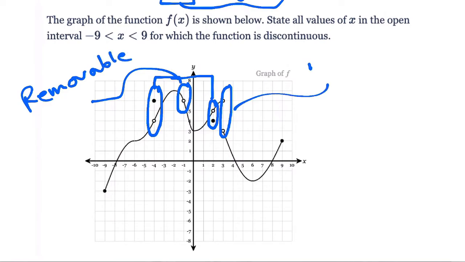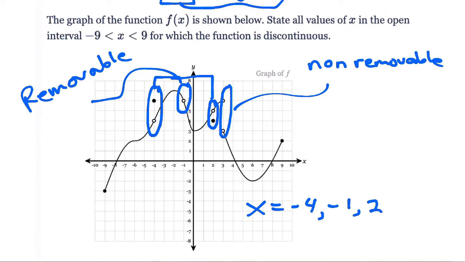This one is non-removable. So this function is not continuous at -4, at -1, at 2, and at 3. All of those places are where this function is not continuous. There is a break in the graph.